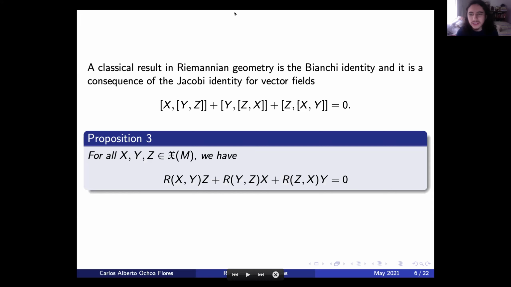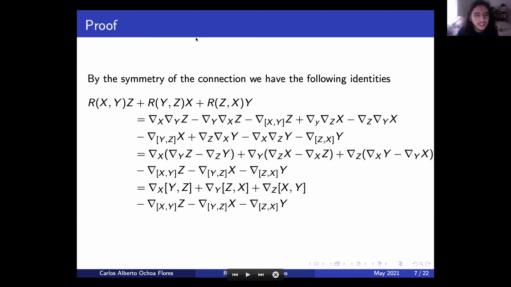Yeah, so the Bianchi identity that we will prove, and for the proof, we should remember the Jacobi identity for vector fields. That's this. Okay. And this one, sorry.